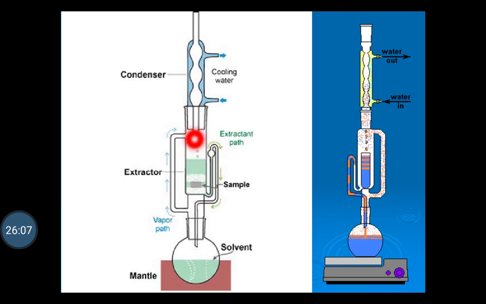When it falls on the crude drug, it will extract the active chemical constituents present in the crude drug due to percolation. That is, the solvent will fall on top of the crude drug and percolate toward the bottom.